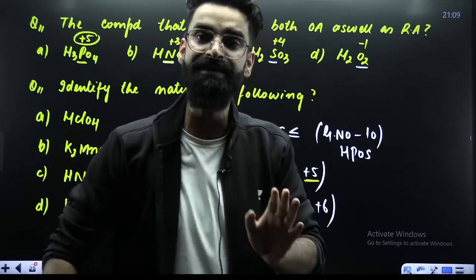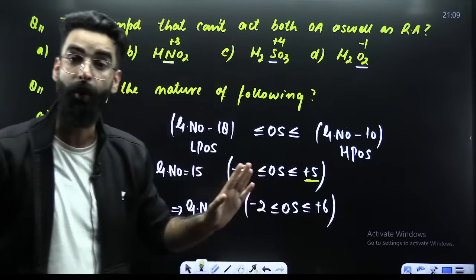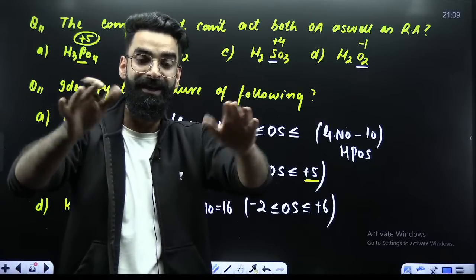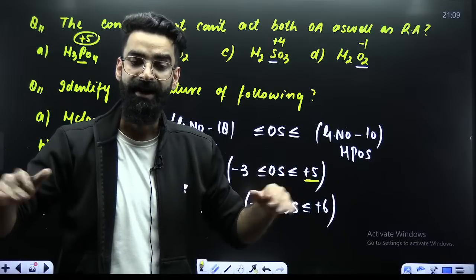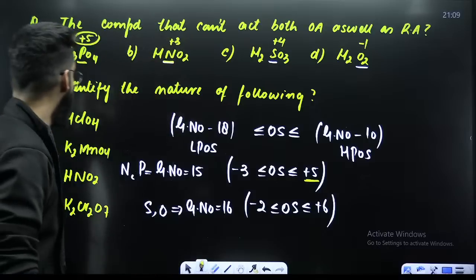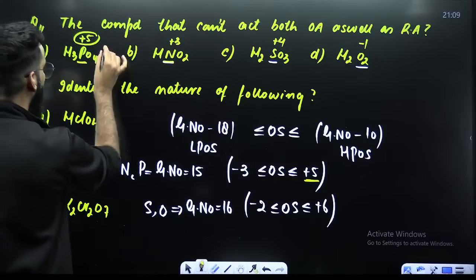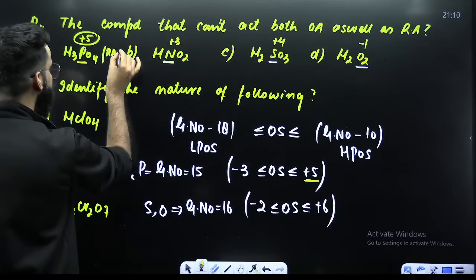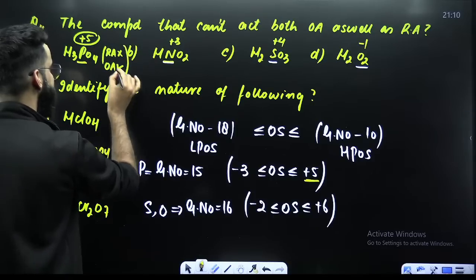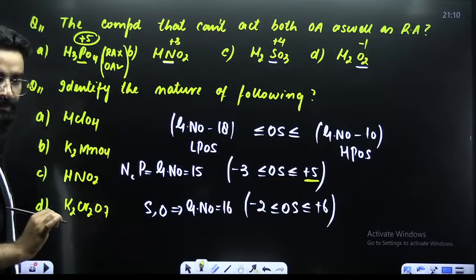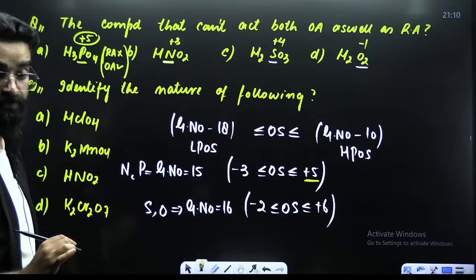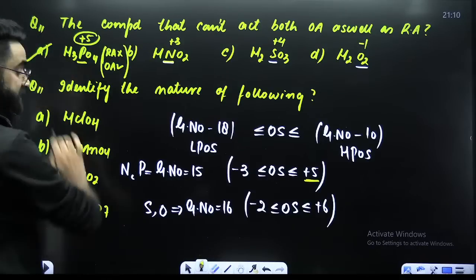Can it further increase its oxidation state? No. If it cannot increase its oxidation state, it cannot undergo oxidation. If it cannot undergo oxidation, it cannot behave like the reducing agent. So it will behave like the oxidizing agent. The question was, which of the following cannot act both as oxidizing and reducing agent? This cannot act both as oxidizing and reducing agent.